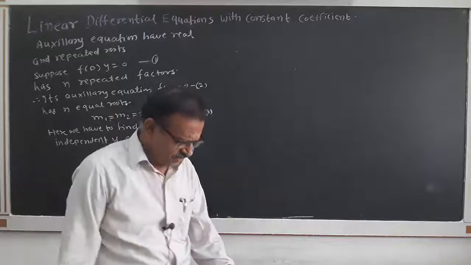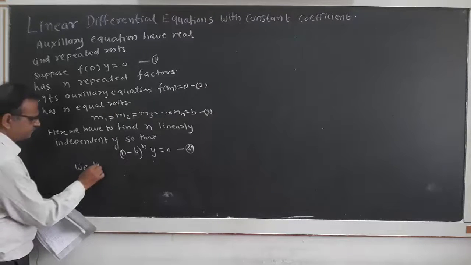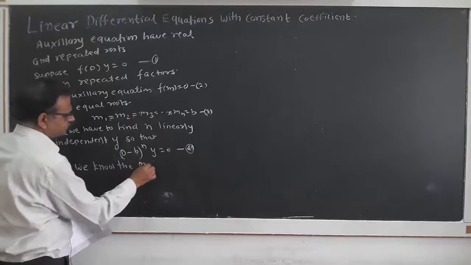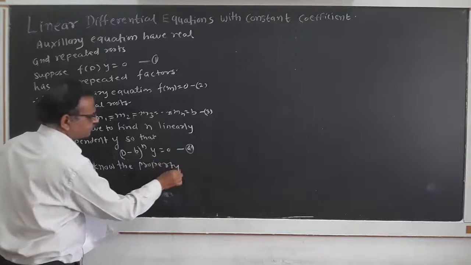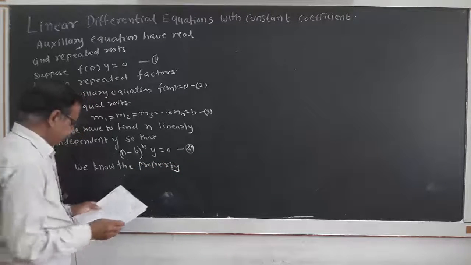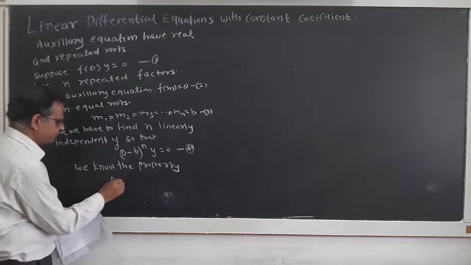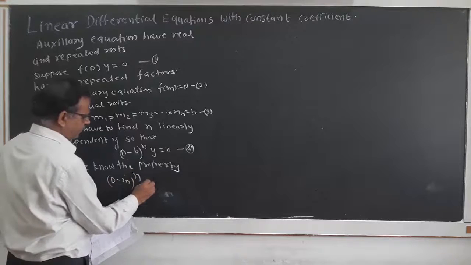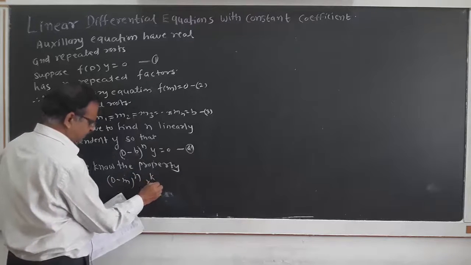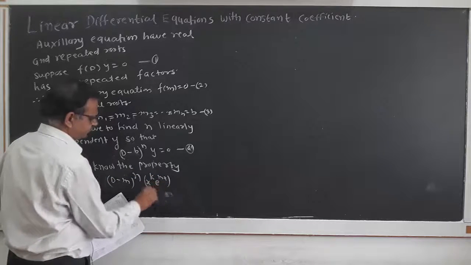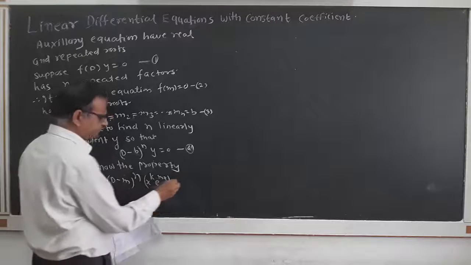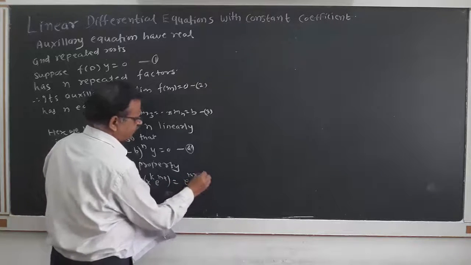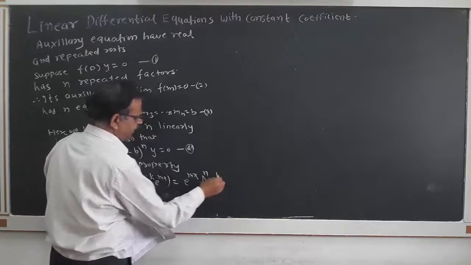Then we know the property: (D minus m) raised to n of x raised to k e raised to mx equal to e raised to mx into D raised to n of x raised to k.